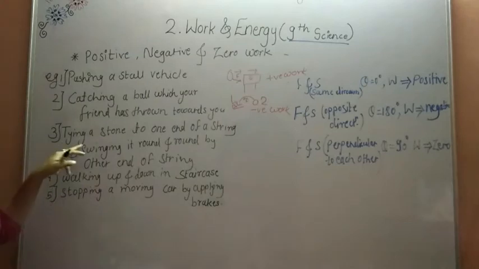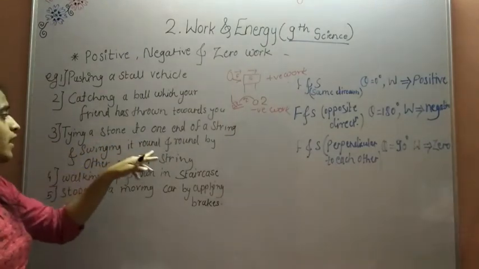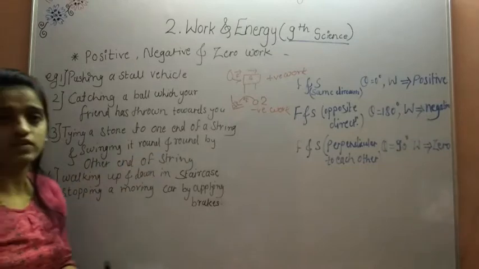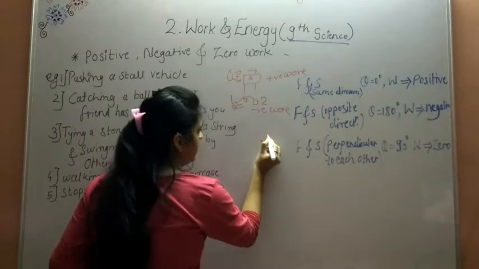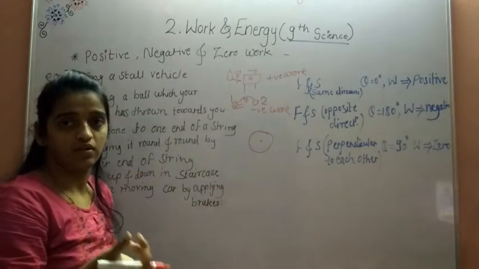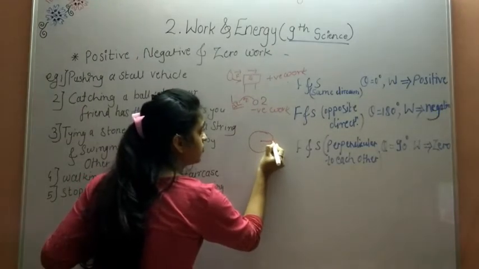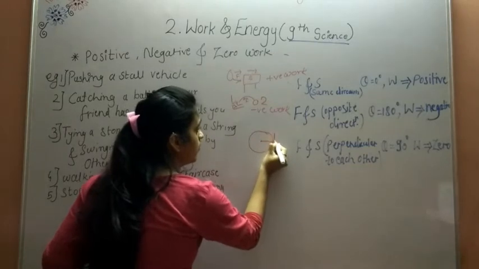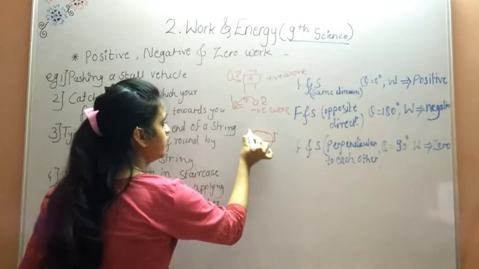Next, third example, tying a stone to one end of a string and swinging it round and round by the other end of the string. For example, this is you, and when you tie a stone on this string, this is the stone. So the stone is swinging in this direction in a circular way.